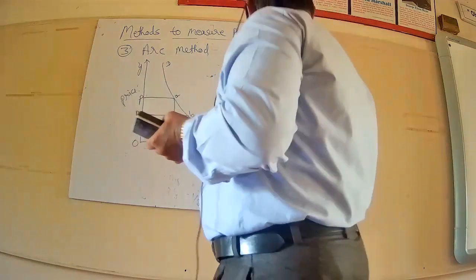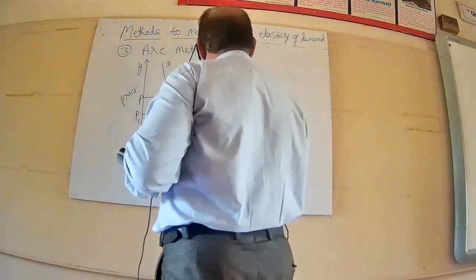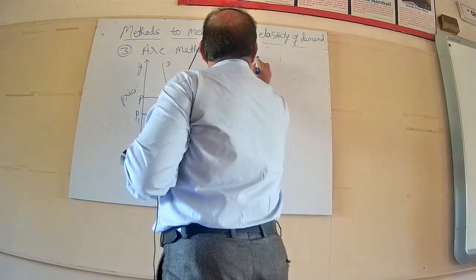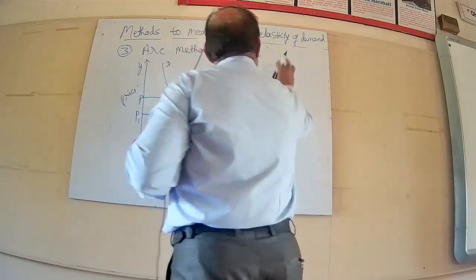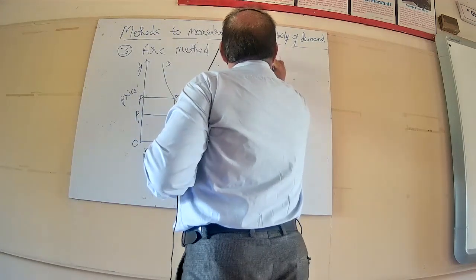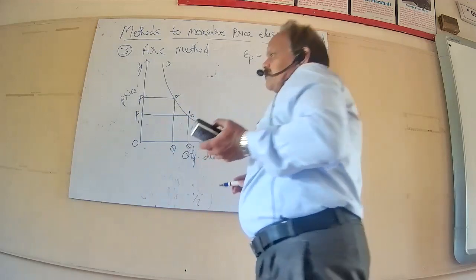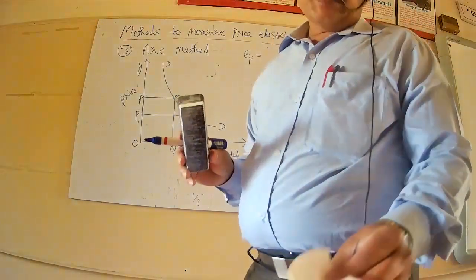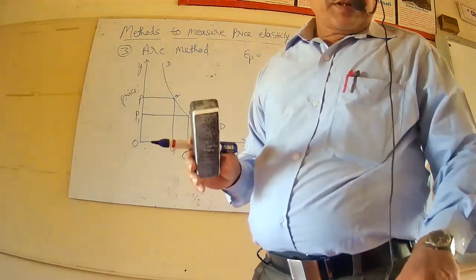For this, we'll make use of the formula also. Arc elasticity EP is equal to, here, first let us have the theoretical aspect of this particular aspect.